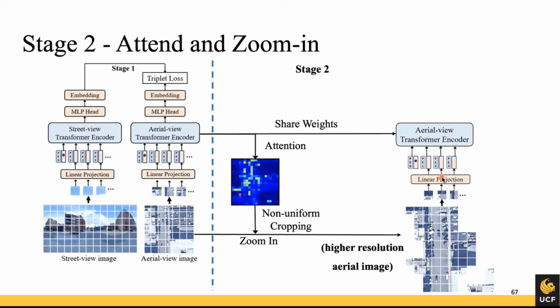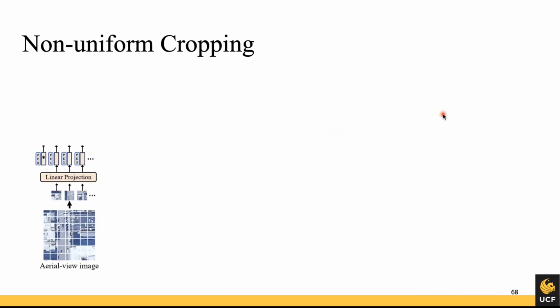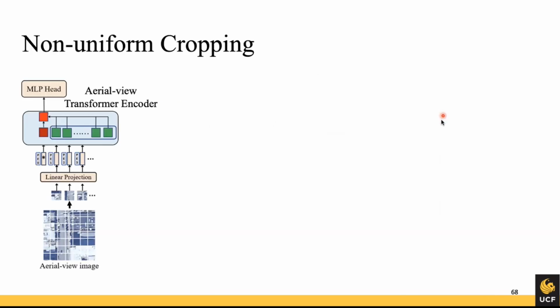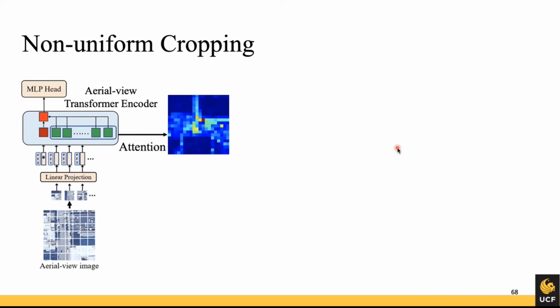With the selected patches, we do this again: we go through the transformer encoder, and we use the triplet loss function to do the matching. So this is like a two-stage process of the pipeline. Here we show the detailed procedure of this non-uniform cropping or patch selection.